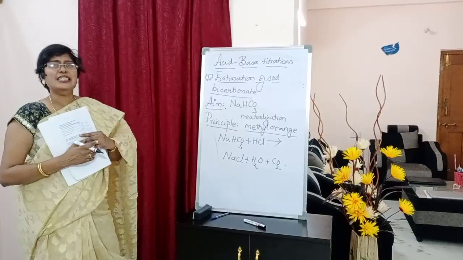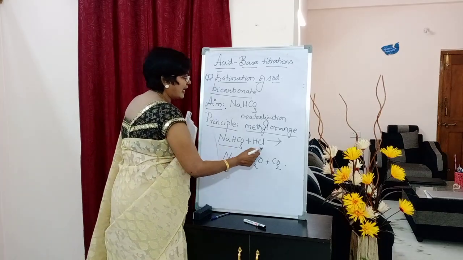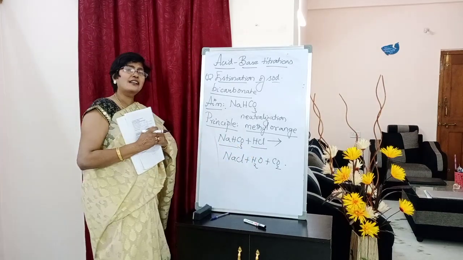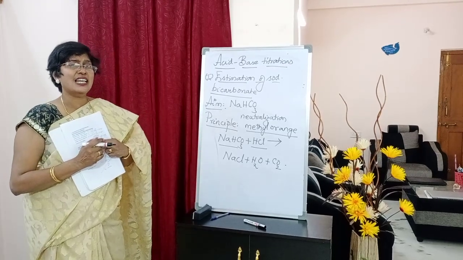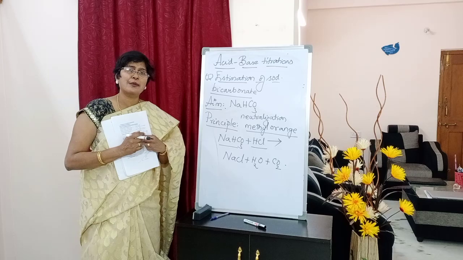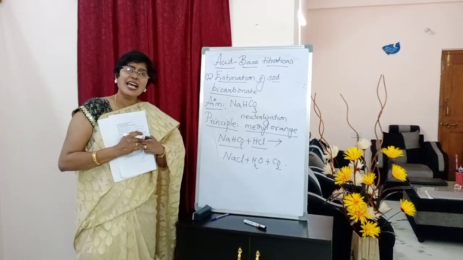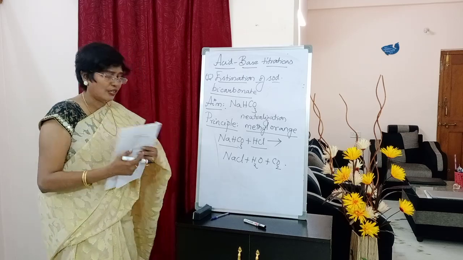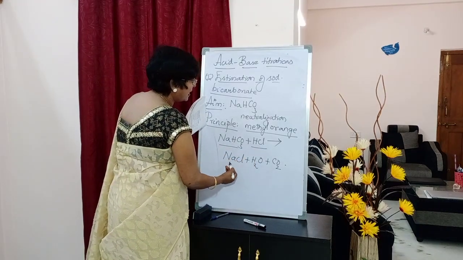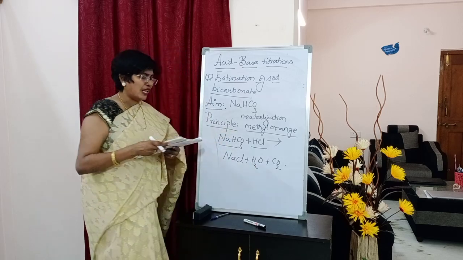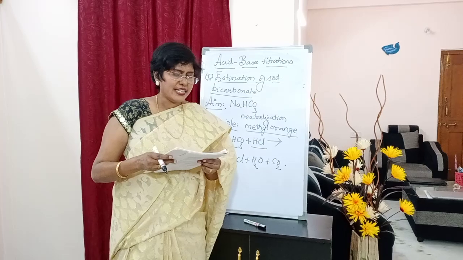In this reaction, NaHCO3 is a base and HCl is the acid, hydrochloric acid and sodium bicarbonate. So this is under acid-base titration. What are we getting students? NaHCO3 plus HCl gives rise to NaCl plus H2O plus CO2. Written the reaction.